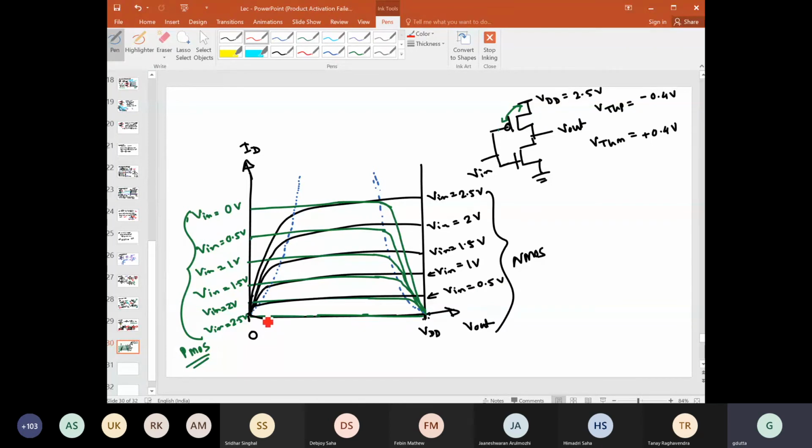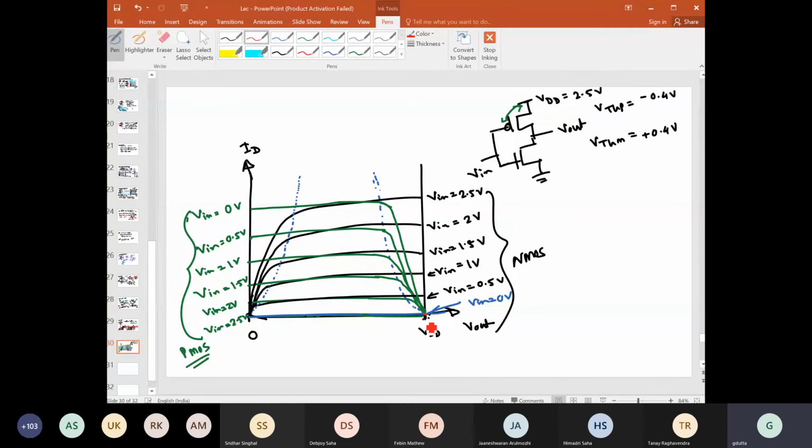The current for NMOS is here, right? Maybe I will use a different color. This plot is for V in equal to 0 volt for NMOS, and this is V in equal to 0 volt for PMOS. See where they intersect.